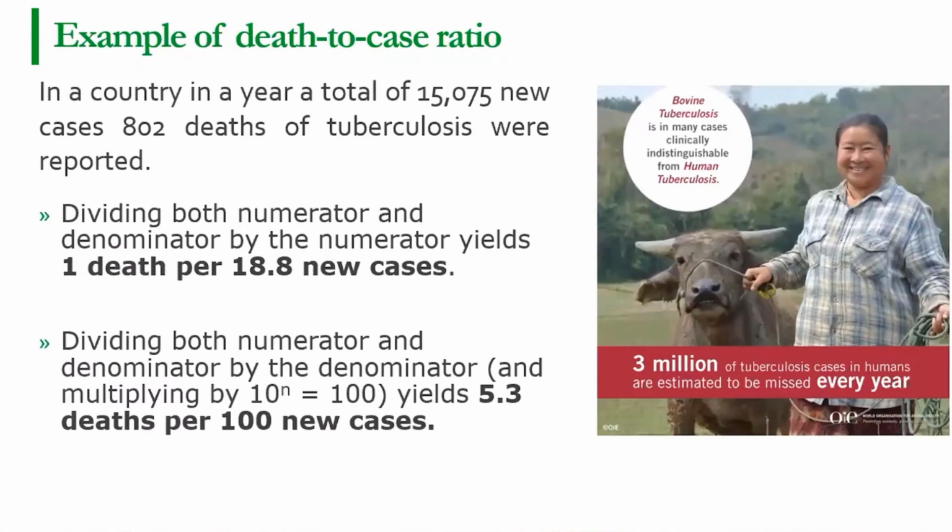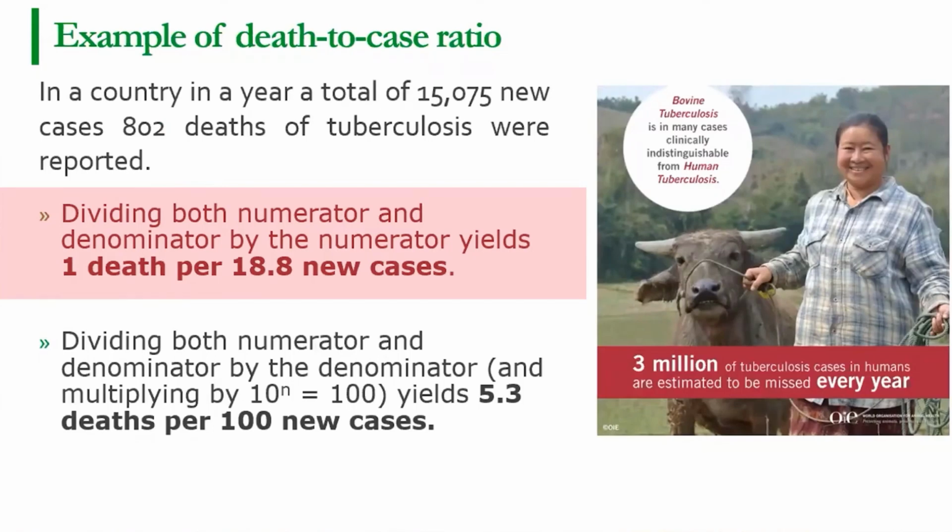Let's take an example of TB in humans. In a country in a year, around 15,800 new cases were reported due to tuberculosis. If we do the ratio of this and we divide both the denominator and the numerator by the numerator, we get 1 death per 18 or 19 new cases.